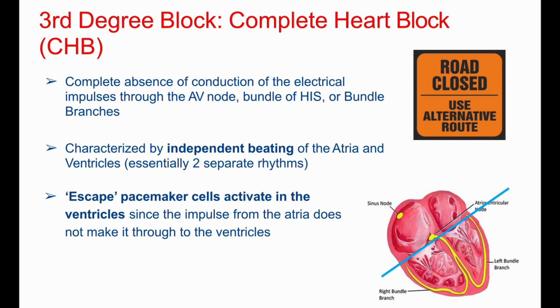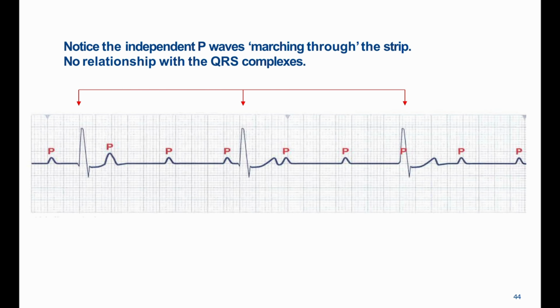Essentially, it's two separate rhythms. Escape pacemaker cells activate in the ventricle since the impulses from the atria do not make it through. Notice the independent P waves marching through the strip with no relationship to the QRS complexes.